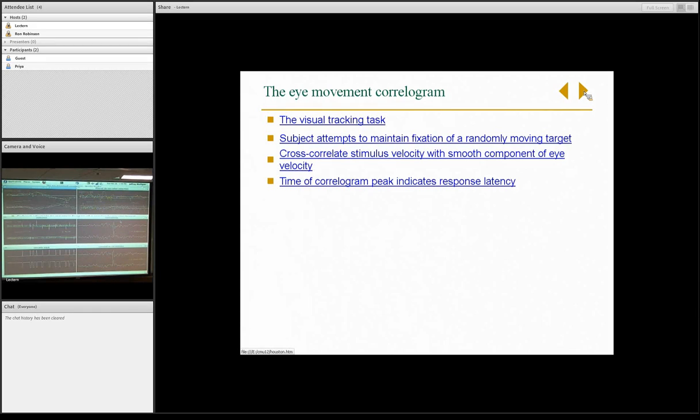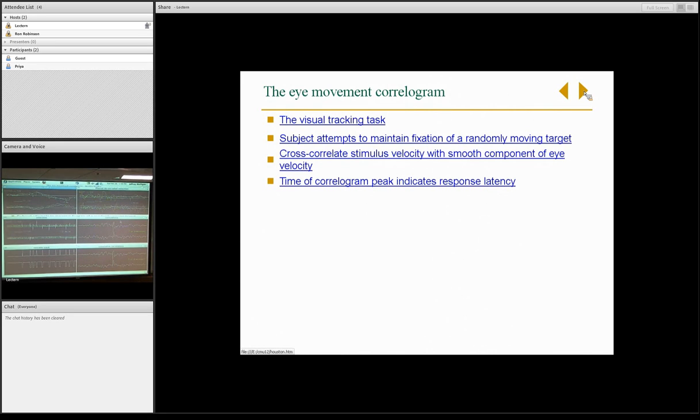So now we have the target velocity in green and the desaccaded smoothed eye velocity in white. Finally, we compute the cross correlation of those two, and that is shown here.